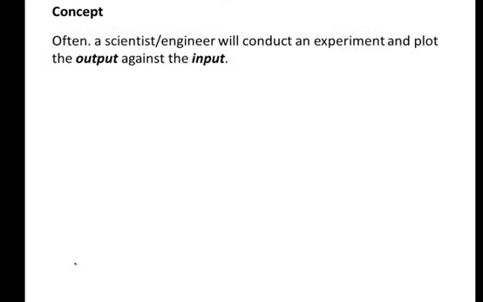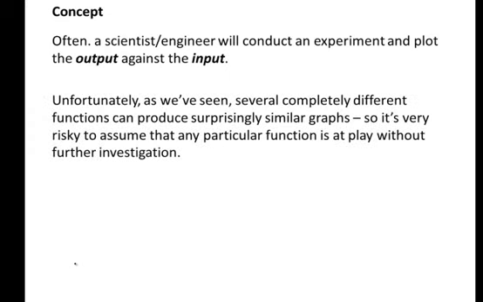Now, what we're really looking at here is when someone does an experiment, you plot your input and your output, but often you can get a graph, and I'll just do a little example here, which might look like this.